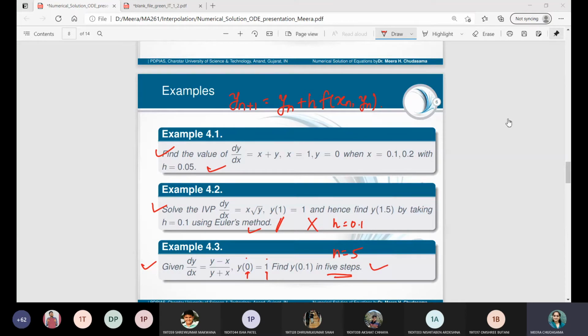It is totally based on the formula, so if you understand this method clearly once, all these examples will be done. You just have to see at which initial point we are given and at which point you have to reach. From that you can consider the number of iterations as well as the step size, right? Okay, so that's all for this method, Euler's method.